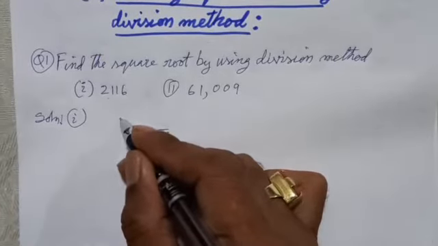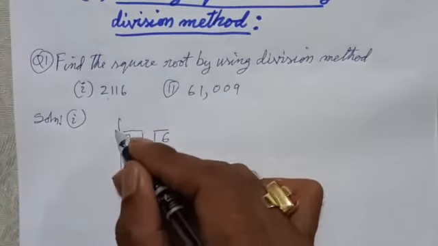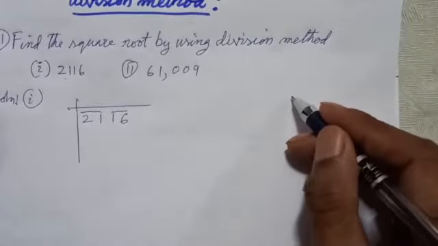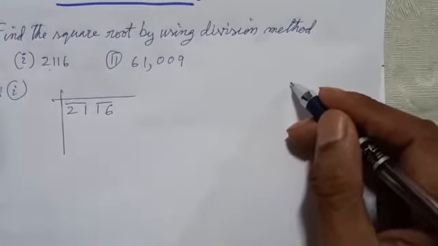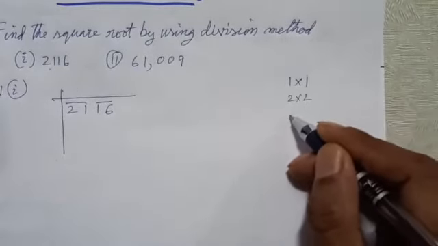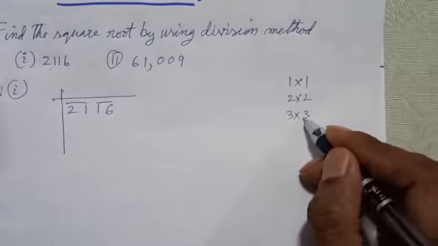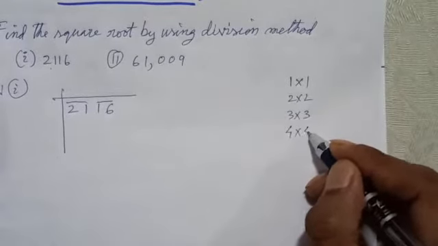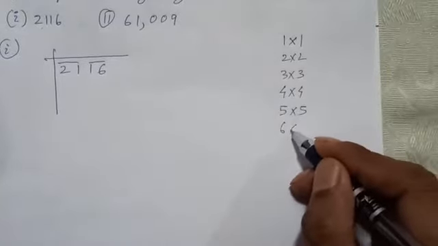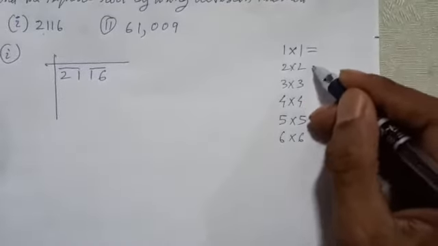We draw one line here, one line here. In this method, if we take 1 we multiply by 1, if we take 2 we multiply by 2, 3 by 3, 4 by 4, 5 by 5, 6 by 6, like this.